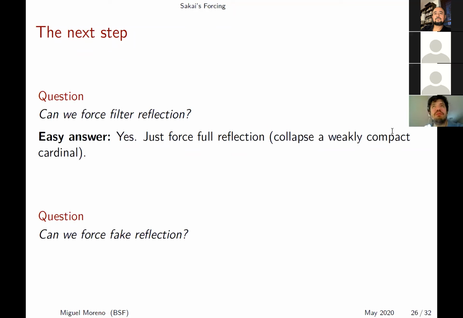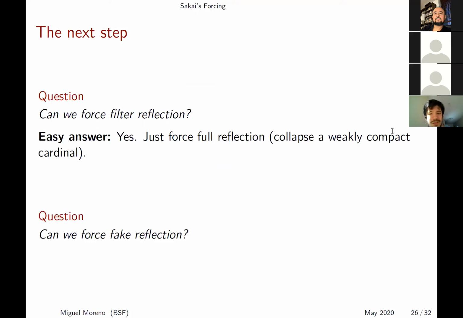And then you want to weaken it and spread it out. And stationary reflection or full reflection or this filter reflection is like forgetting about full compactness, but keeping some of the structural features of compactness, and reflection is one of those. So that's an interesting thing.